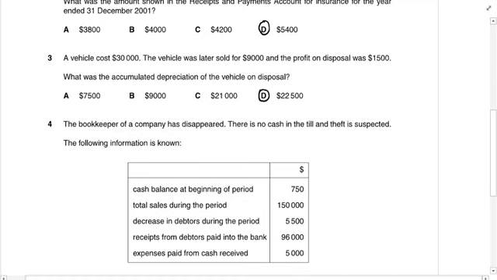Then we have a decrease in debtors during the period, then receipts from debtors paid into the bank, then expenses paid from cash, right? So we need to know the credit sales and take them away from 150,000. Once we take them away, we know the cash sales which were entered in the cash account. Then we will also reflect the expenses.